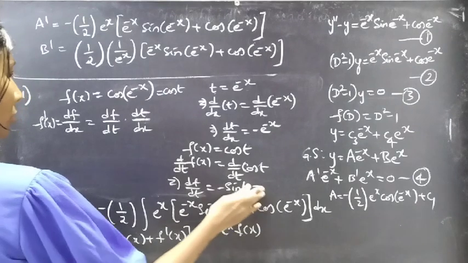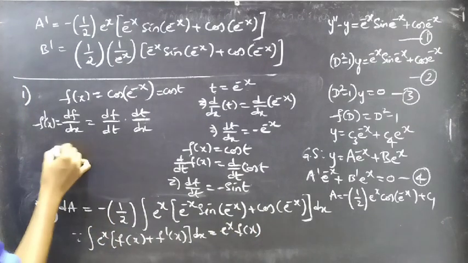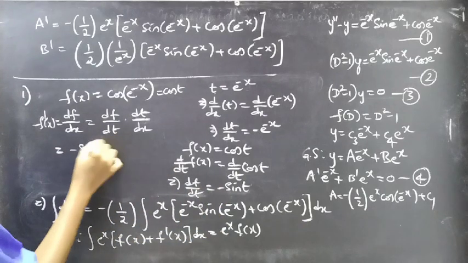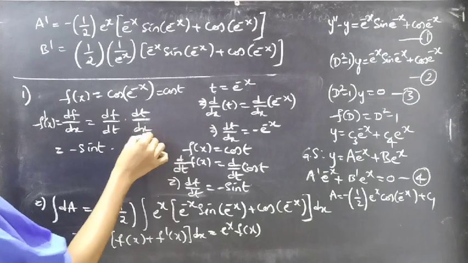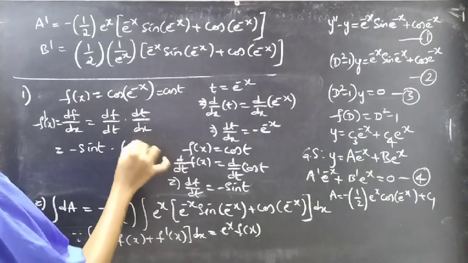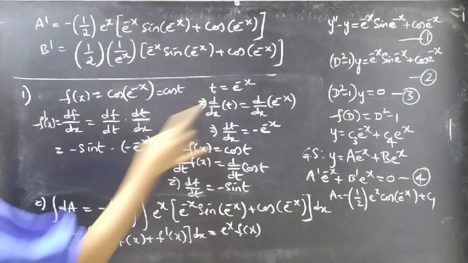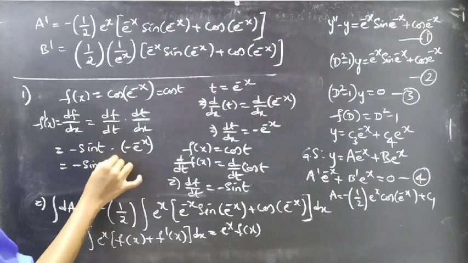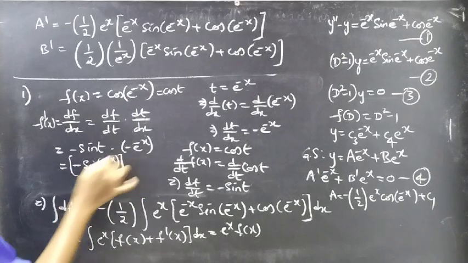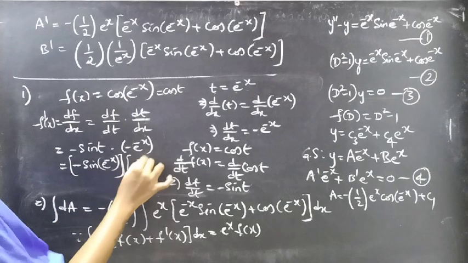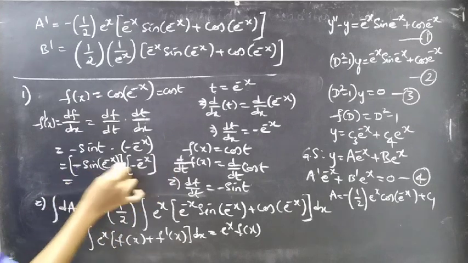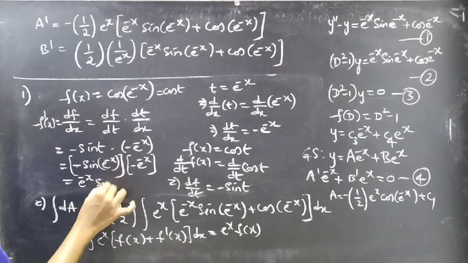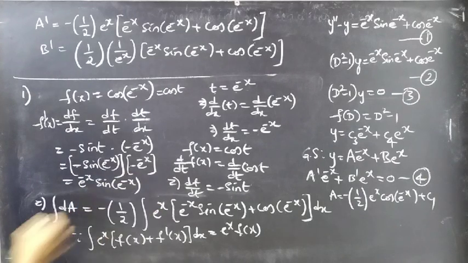Now replace df/dt with -sin t and dt/dx with -e^(-x). Since t is e^(-x), you'll get -sin(e^(-x)) into -e^(-x), which gives us minus into minus plus e^(-x) sin(e^(-x)). You get the same thing.